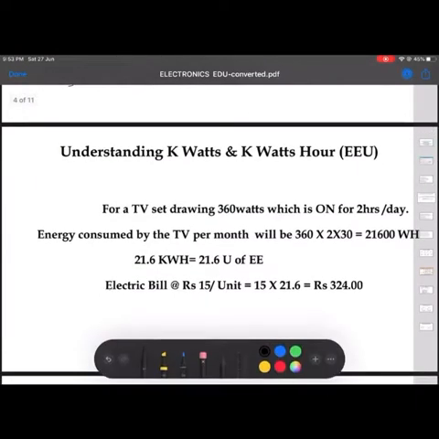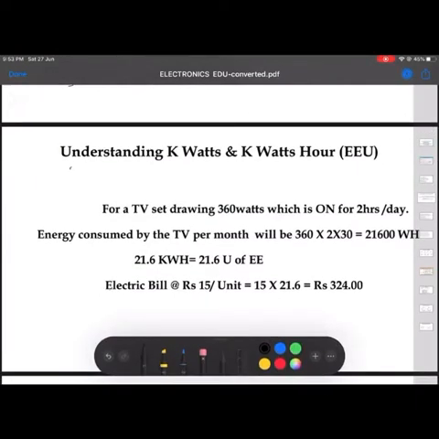Now, as clear before, if we have to define exactly what is kilowatt hour, also called electrical energy unit, let's take an example. For a TV drawing 360 watt for 2 hours per day, energy consumed by the TV per month will be 360 into 2 into 30.